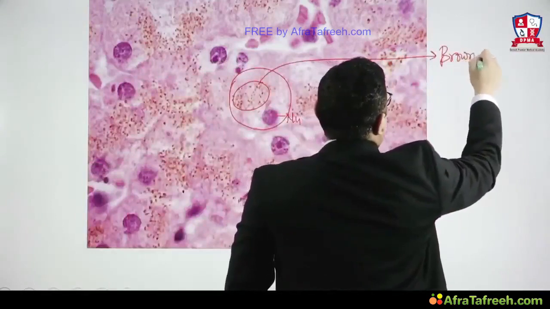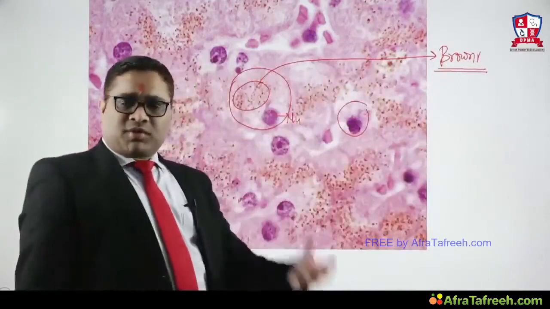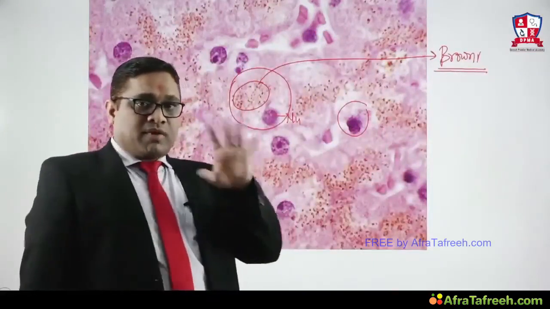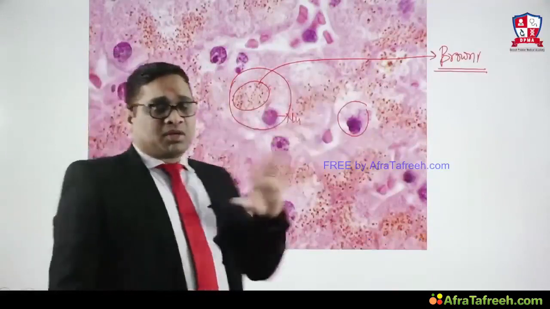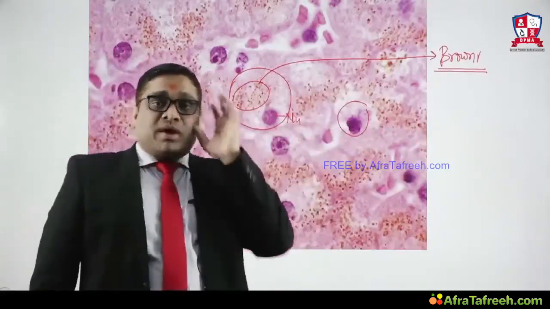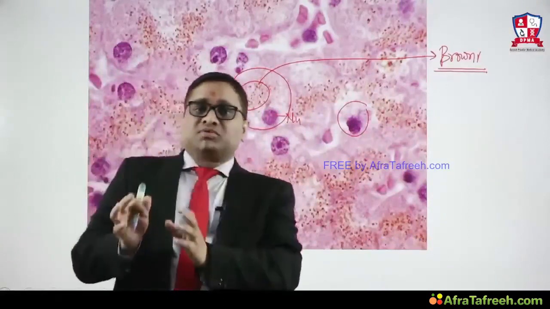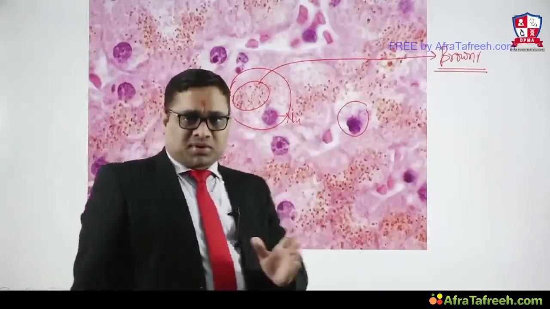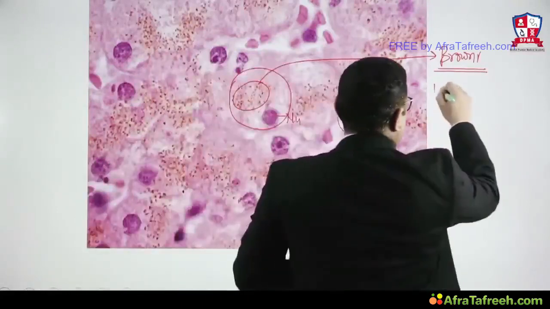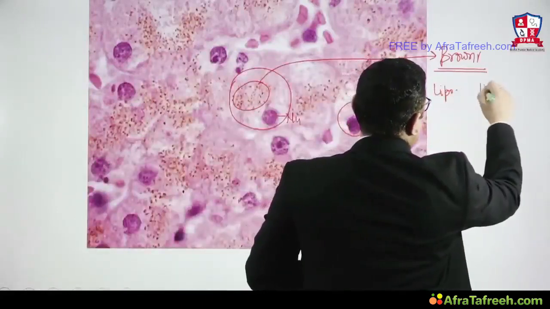So these are perinuclear brown pigments. The question is, what are these brown pigments? Always remember, when the examiner asks a question like this, perinuclear brown pigment in a liver biopsy, and no history is given, your mind should work like this. It can be either hemosiderin or lipofuscin. We have to decide whether it is lipofuscin or hemosiderin.